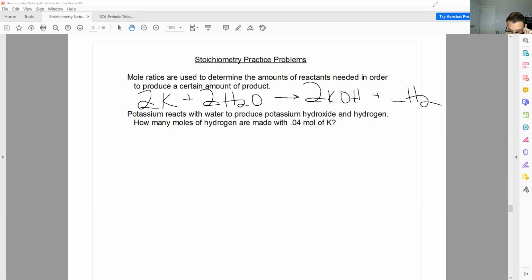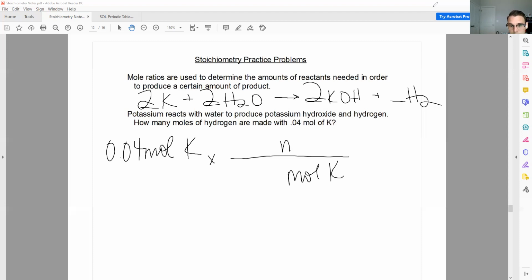Potassium reacts with water to produce potassium hydroxide and hydrogen. Did that. How many moles of hydrogen are made with 0.04 moles of potassium? Okay, start with what I'm given, 0.04 moles of potassium. I want to know how many moles of hydrogen are made. So I can go from moles of potassium to moles of hydrogen.